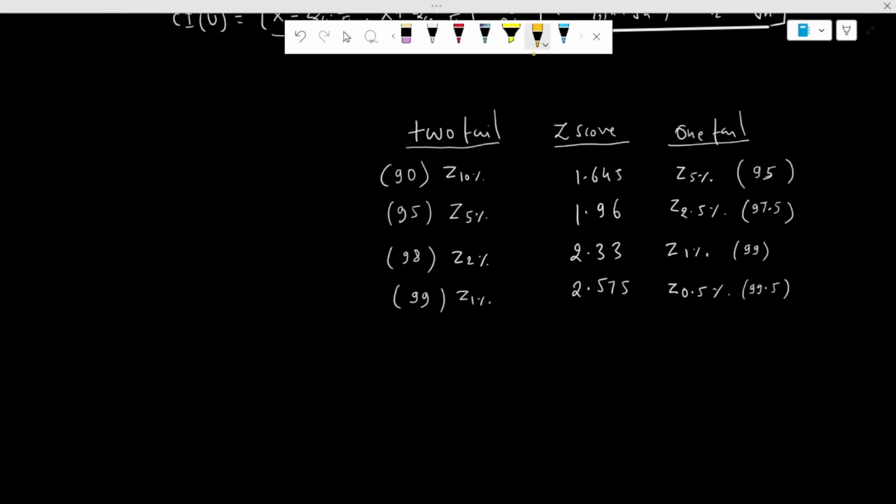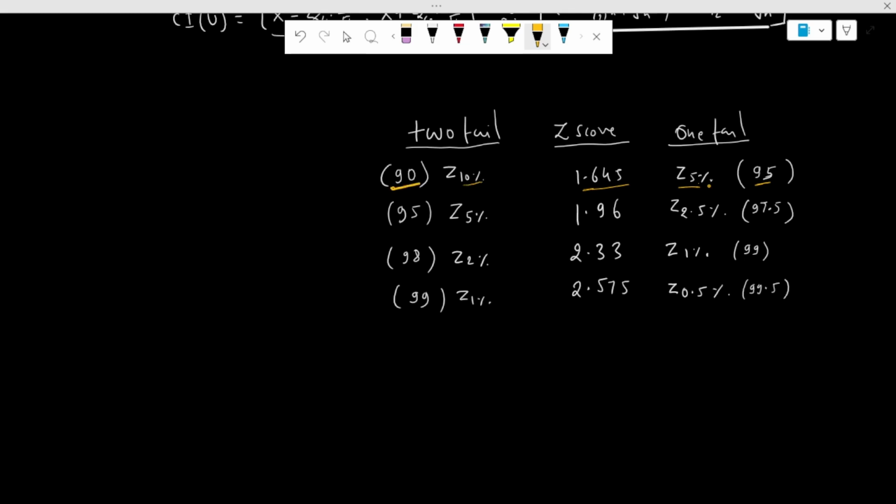If we are considering a one-sided confidence interval, then for alpha 5% the z score is 1.645 and our confidence level is 95%. And this z score 1.645 corresponds to an alpha of 10% in a two-tail test, that is, for constructing a two-sided confidence interval, and in that case our confidence level is 90%.